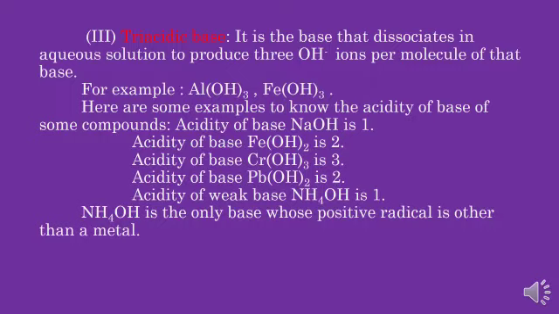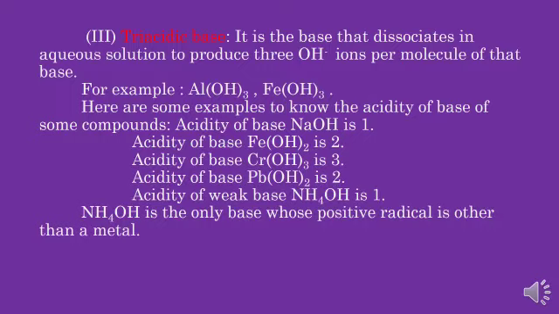Here are some examples to know the acidity of base of some compounds. Acidity of base sodium hydroxide is 1 because it produces only one hydroxyl ion. Acidity of base ferrous hydroxide is 2 because per one molecule of ferrous hydroxide it produces 2 hydroxyl ions.